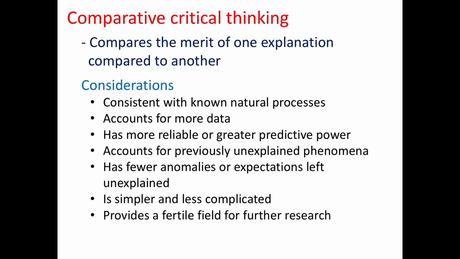Since we only compare the explanations, like theories, we know about or have thought of at a given point in time, we can never safely conclude that we have determined the one absolute best or true explanation, because we can never be certain that someone in the future won't develop a completely new theory that is even better or more informed than our best efforts today.